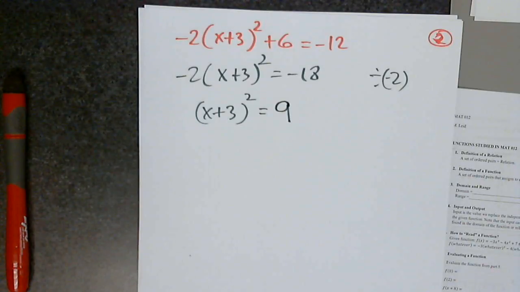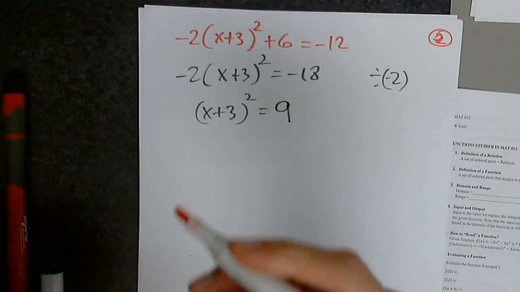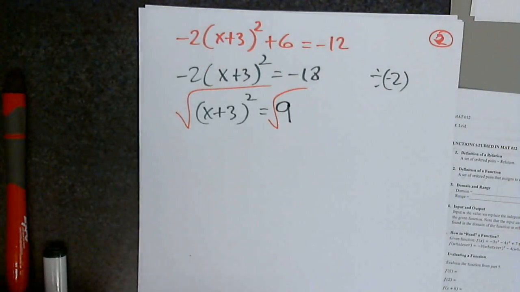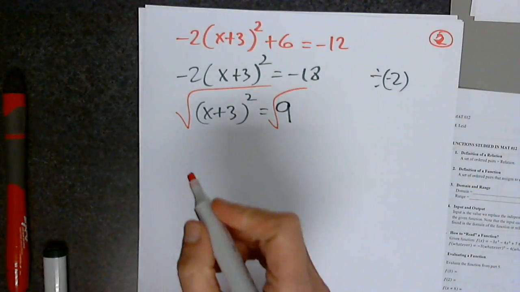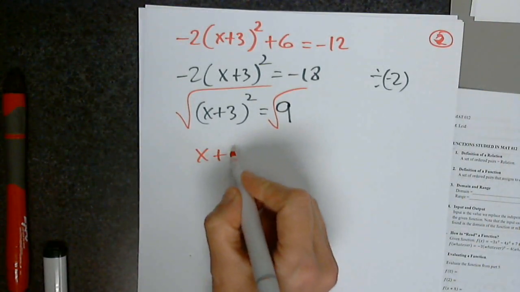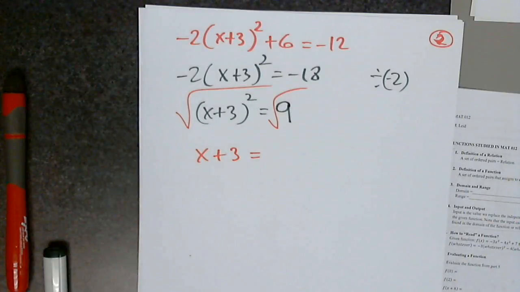Now I can apply the principle of taking square roots. I know it's quadratic and I know I will have to get 2 solutions. I will skip the intermediate step now, but I cannot forget to write what on the other side.